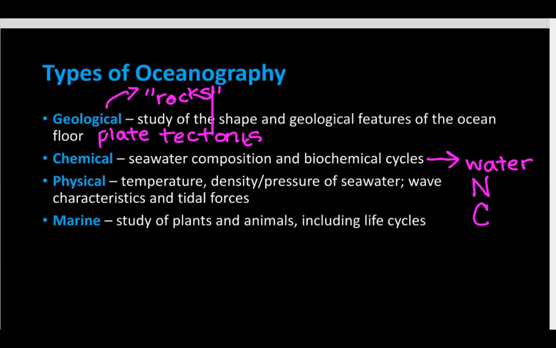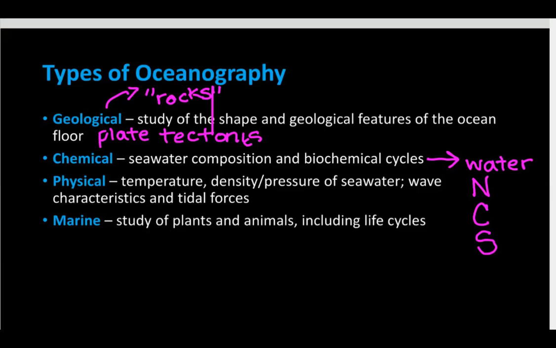The phosphorus cycle is big on land, but we're not really going to mess with that in the water too much because it's not huge in the water. Basically the water, the nitrogen, and the carbon, and then maybe the sulfur cycle. Those will be the main ones that you look at.